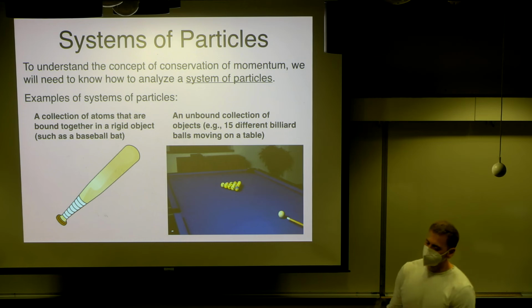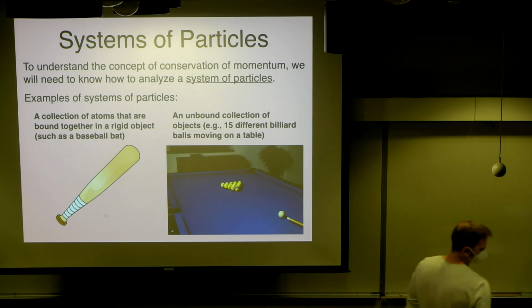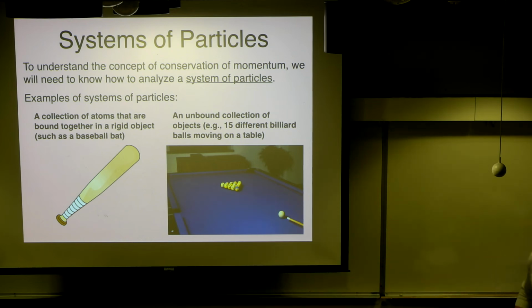And when I say particles, I'm talking about the smallest particles that things are made out of, like atoms. So a system of particles can be a whole collection of atoms that is bound together as a single object. For example, a baseball bat. That's got a whole bunch of atoms held together. It's a single object, but it's a collection of many, many particles.